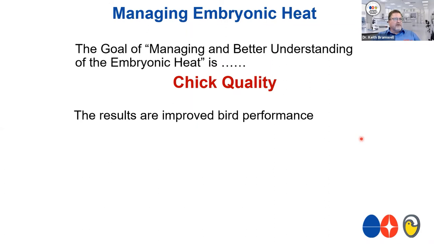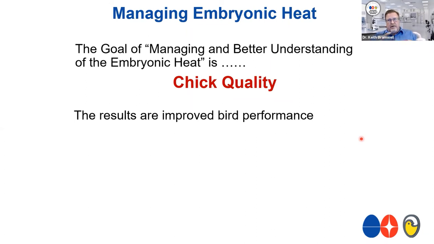The results are improved bird performance. We see it. We've got a lot of data where we've shown when we started transitioning from multi-stage and single stage, and the comparison of them is the effects it might have on hatchability, but also on bird performance, because we can give that embryo precisely what it needs, when it needs it during embryo development. We can make sure they're not stressed. We can make sure they're not chilled.